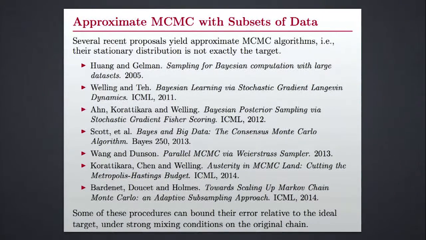Only a couple of these have guarantees of the form: when you run the Markov chain forward, you'll converge to something that's not too far from the true distribution. And so at best, we have some weak guarantees under relatively strong mixing conditions. But what we really want is to know that we're going to get exactly the right answer, and we're not getting that in general from most of the methods proposed.